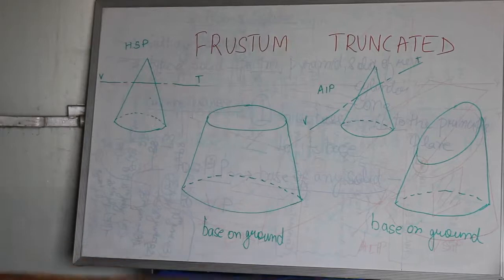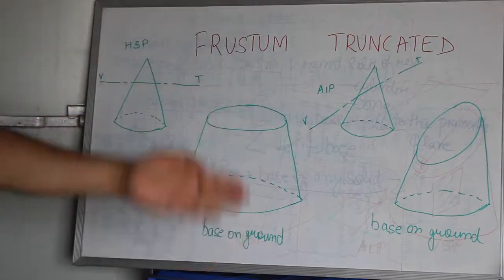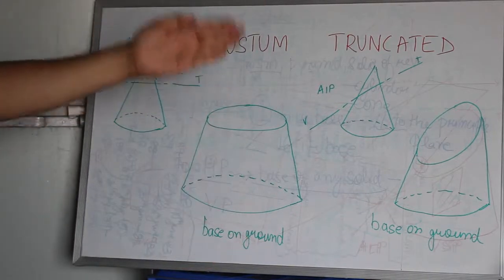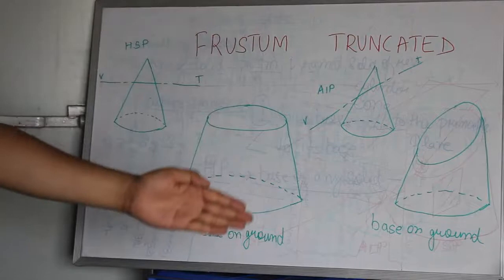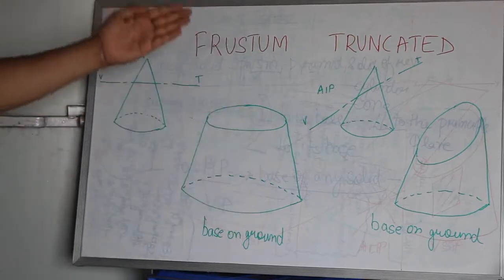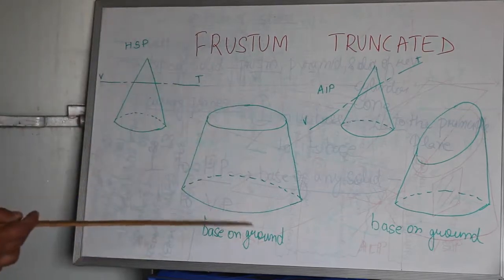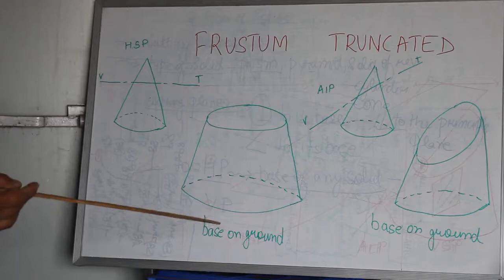Why? Because then the surface of the cutting plane will be parallel to the vertical plane, and it will cut the solid parallel to the base, which is resting on the vertical plane in that case.